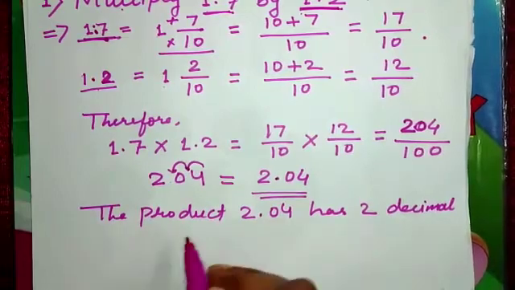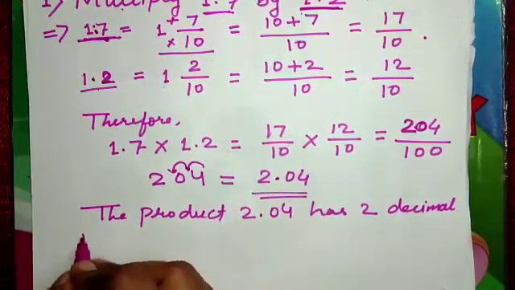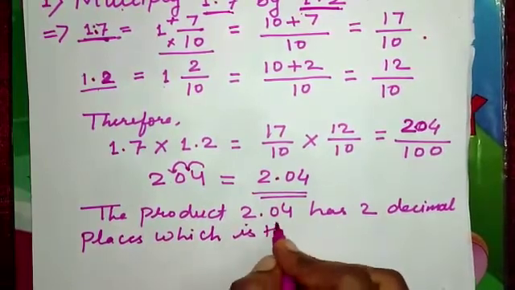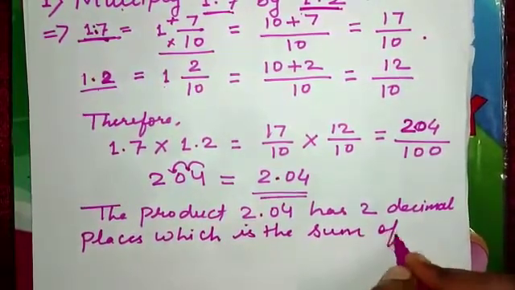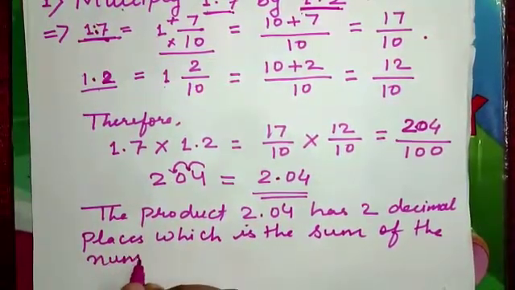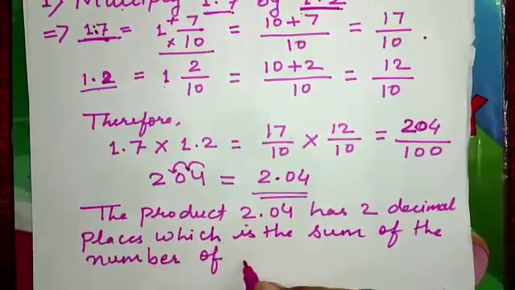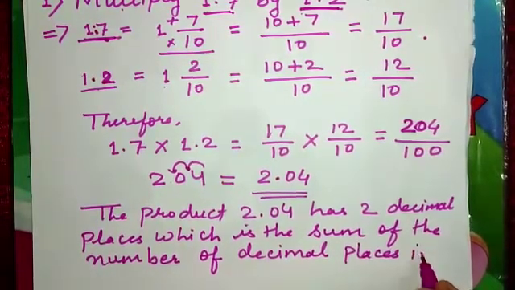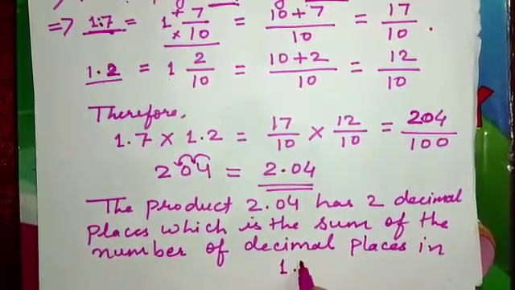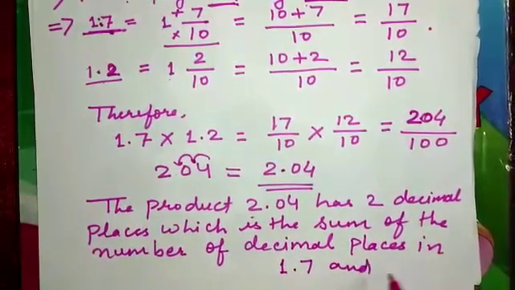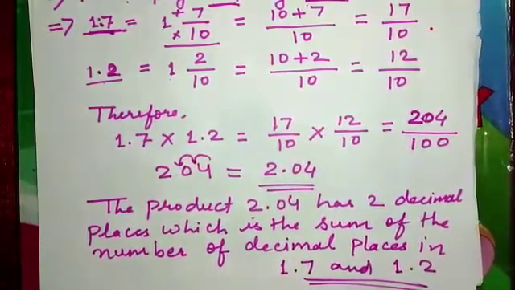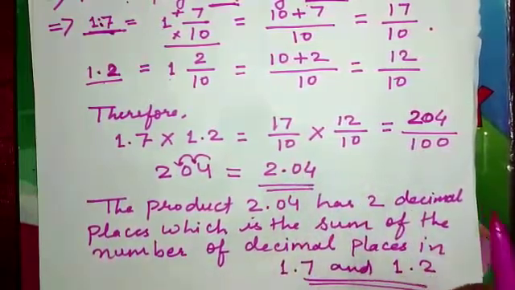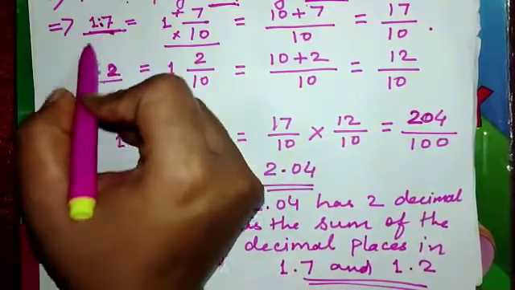Okay. So the product 2.04 has 2 decimal places, which is the sum of the number of decimal places in 1.7 and 1.2.